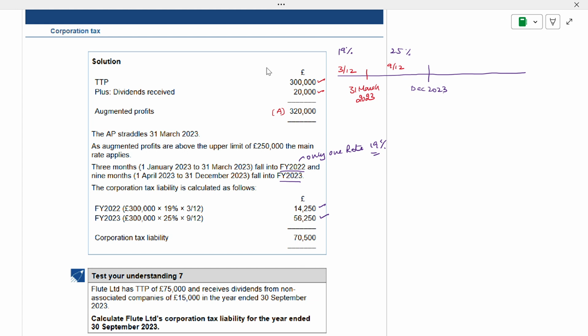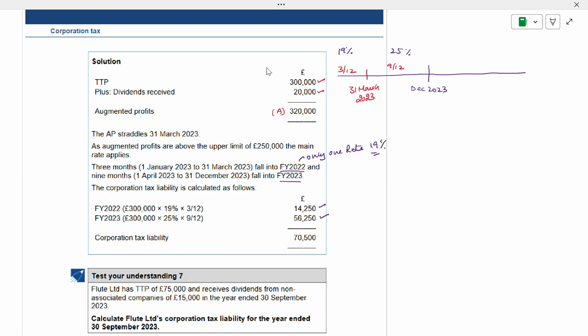One minute, sir. For the financial year 2023, it is 300,000 into 9 by 12, right? But it comes between 50,000 and 250,000, right?